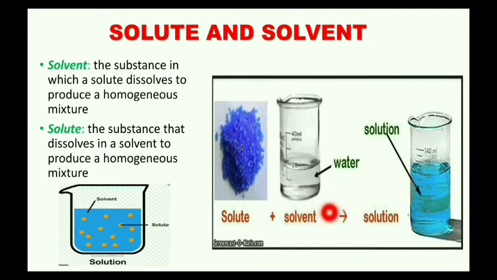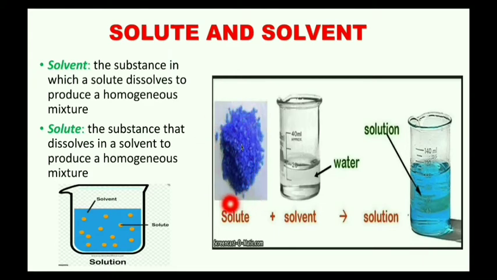Similarly, when we look into solute, the substance that dissolves in a solvent to give a homogeneous mixture is solute. So the substance that is dissolved in a solvent is called as solute, and the substance that is taken in lesser amount is referred to as the solute.